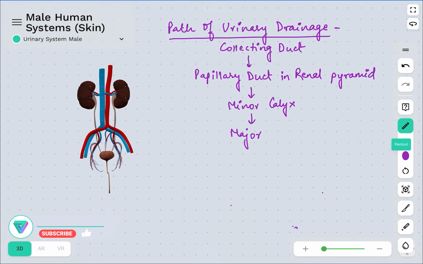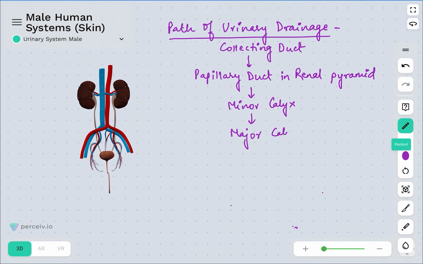And this passage is a sequential filtration process. So the minor calyx and major calyx are components we have already discussed in the kidney cross section video, where you can go through all these minute processes.